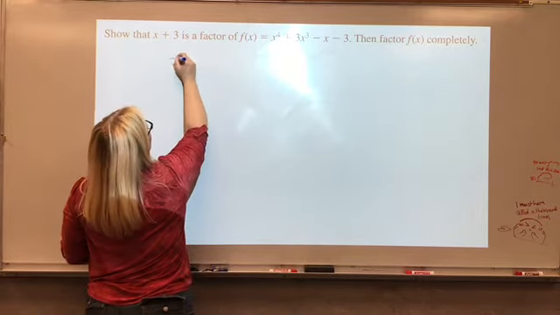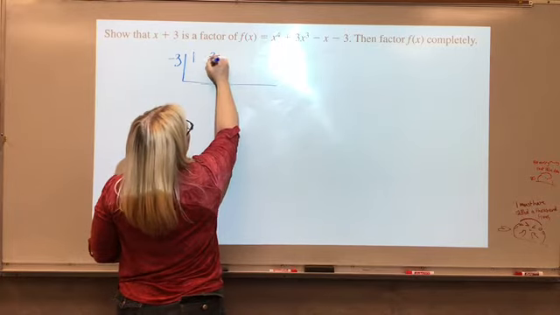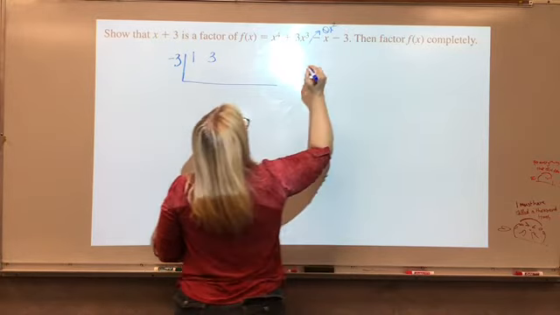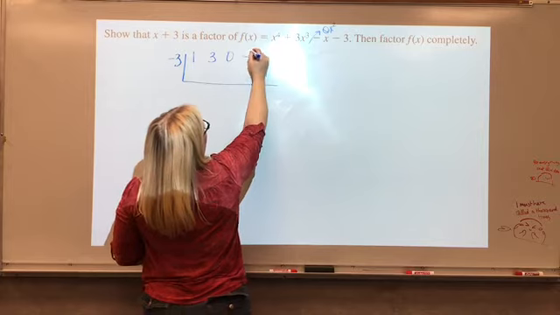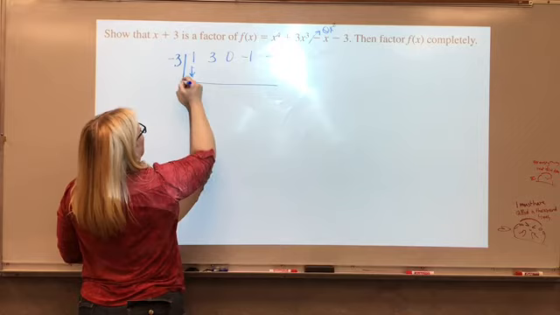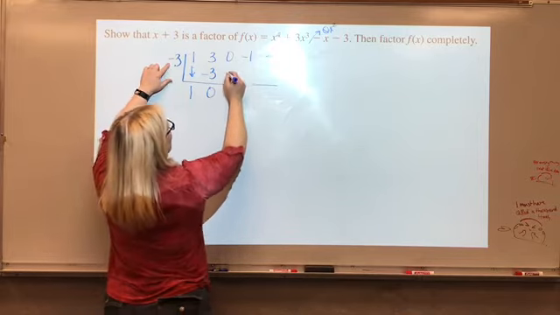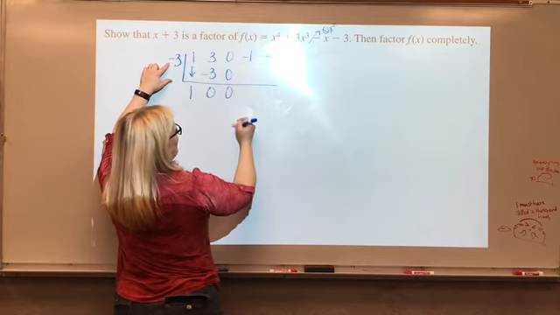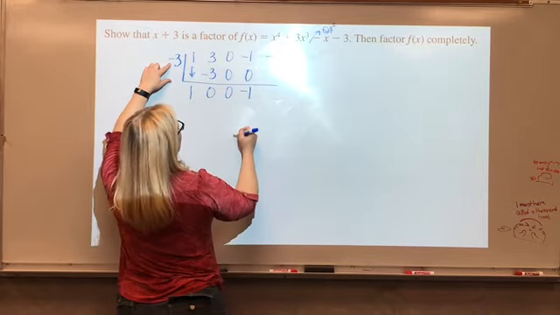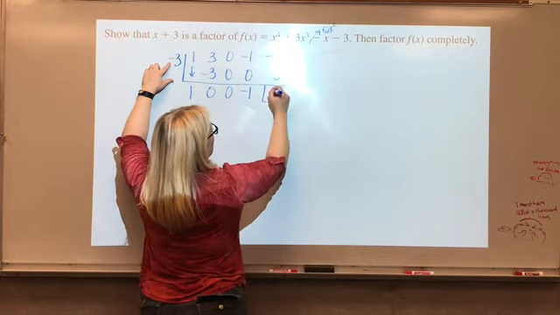So I put in negative 3, and in synthetic division, I've got 1, 3, a 0 for x squared, 0, negative 1, negative 3. I drop this down, that's a 1. Negative 3 times 1 is negative 3. This is a 0. Negative 3 times 0 is 0. Add these and I get a 0, a lot of zeros. Negative 3 times 0 is 0. That's a negative 1. Negative 3 times negative 1 is 3. And my remainder is 0.